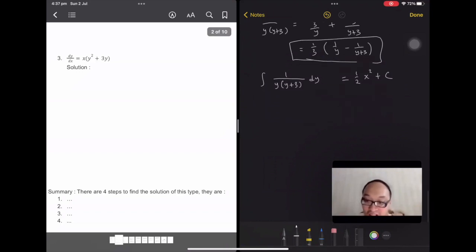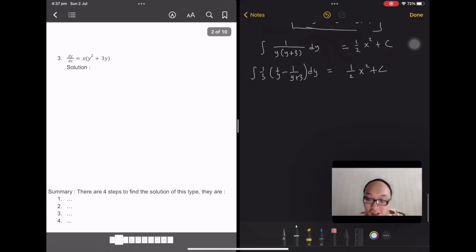So I can rewrite as the integral of 1 over 3 times (1 over y minus 1 over y plus 3) dy equals 1 over 2 x squared plus c.